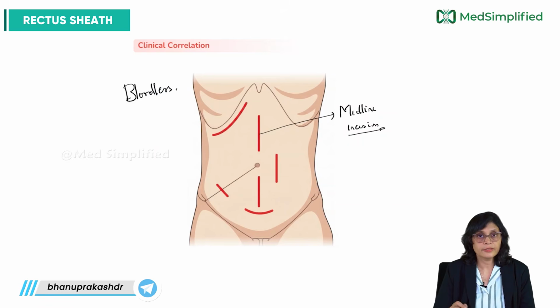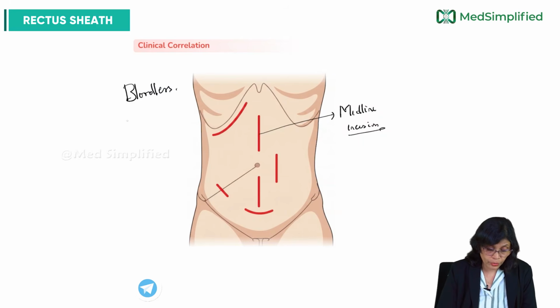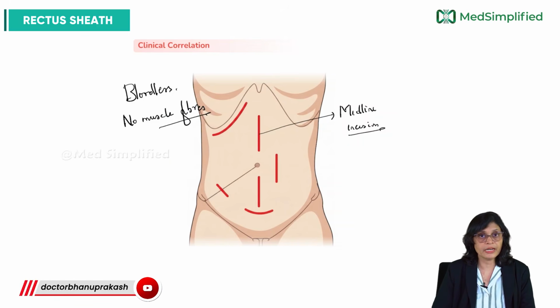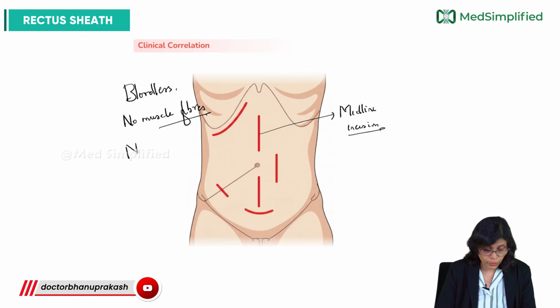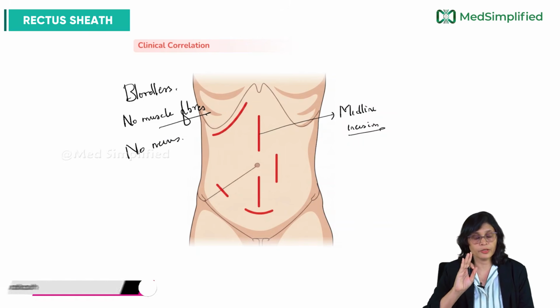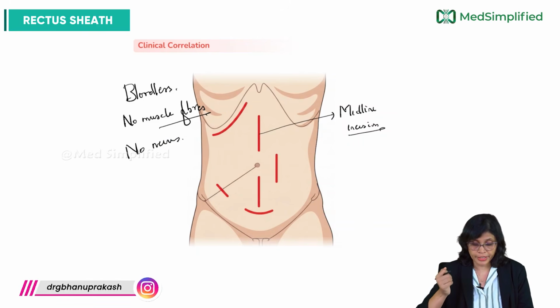Second, since it is a fibrous raphe, there are no muscle fibers, so no muscle fibers will be cut when we cut along the midline. Then there are no nerves. We learned that the nerves just before the midline pierce the anterior wall of the rectus sheath and become cutaneous, so no nerves are likely to be injured.